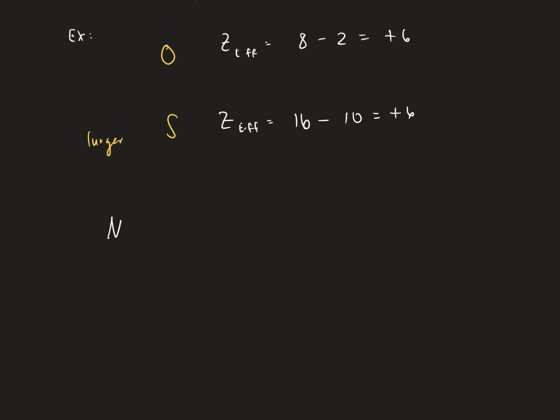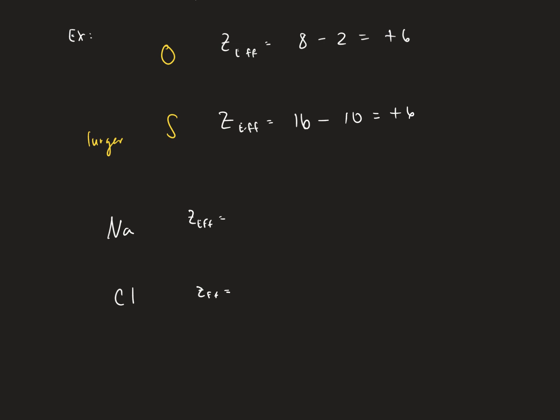What about sodium and chlorine? Which one is larger, sodium or chlorine? Chlorine's larger? What do you think? Should we find the effective nuclear charge? Did I do it right that time?